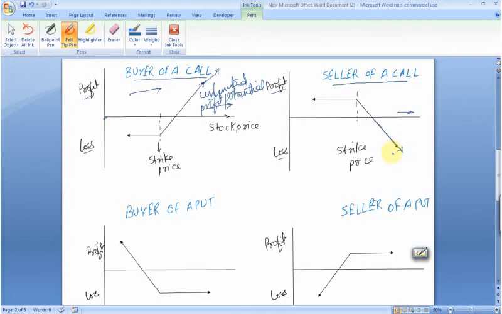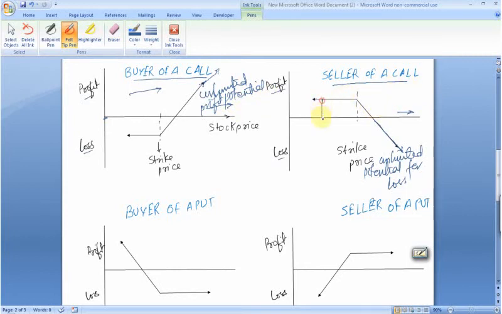So if the stock price keeps on increasing, the seller of a call option has unlimited potential for loss. So what was working for the buyer of the call option is not working for the seller of the call option.